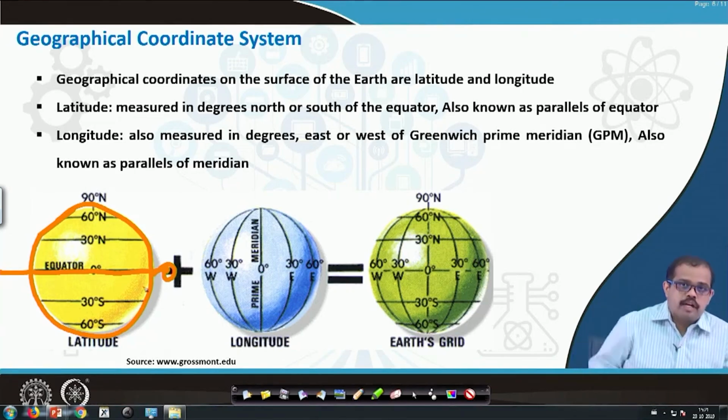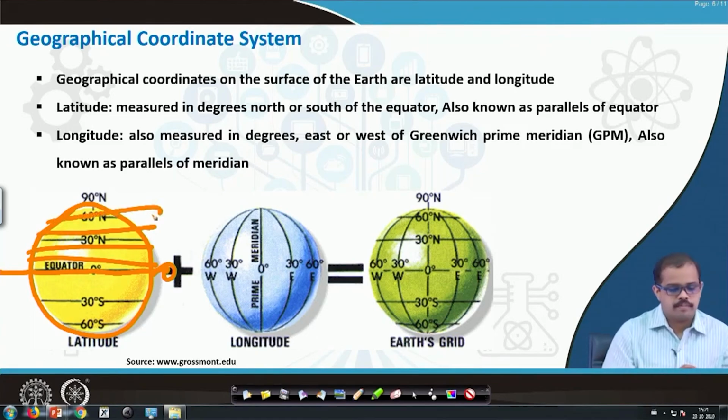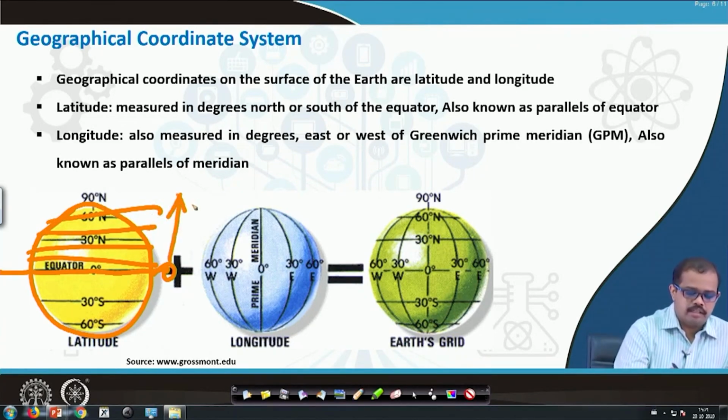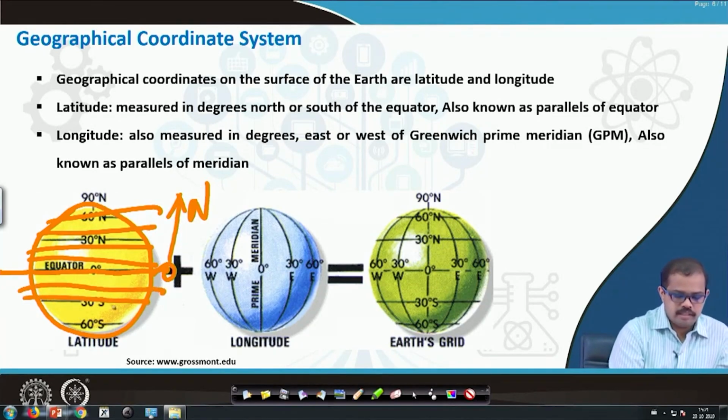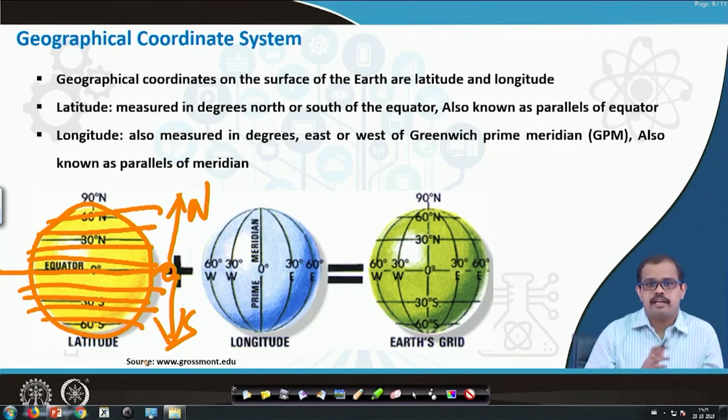Now if you start drawing lines like this, these are latitudes, in terms of northing. When you are writing this, it is towards the south, these are latitudes.